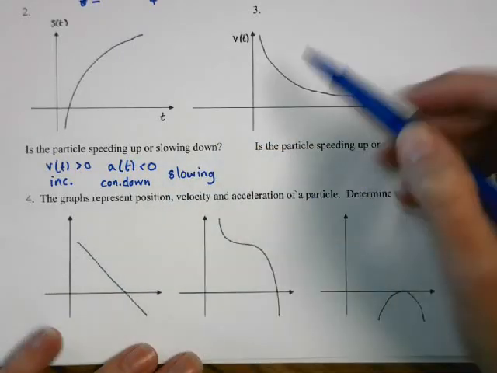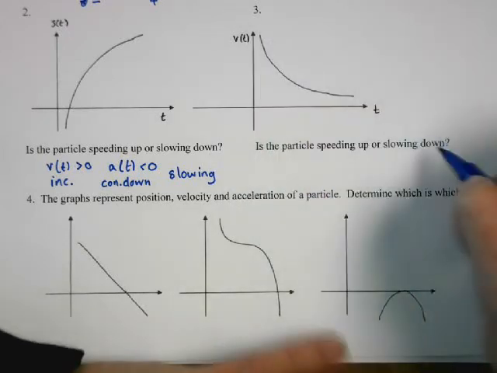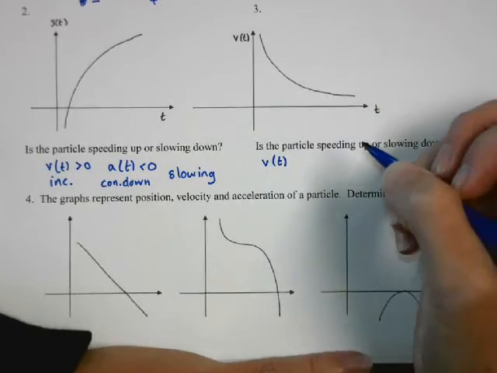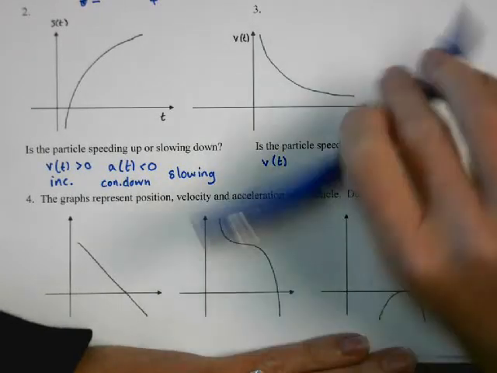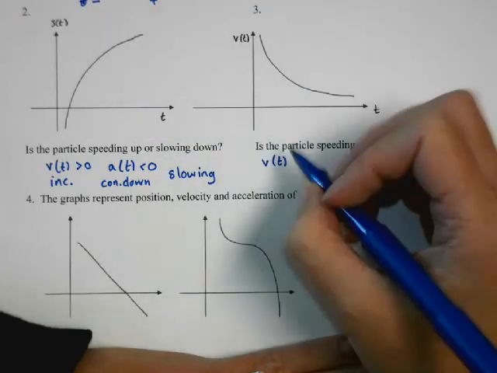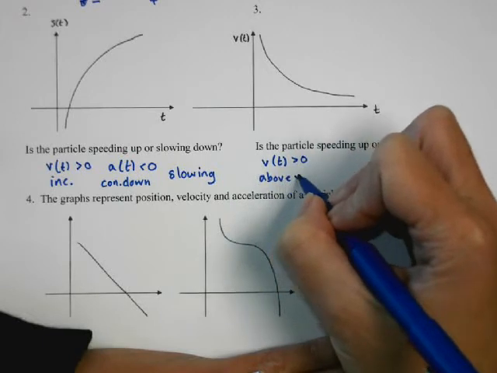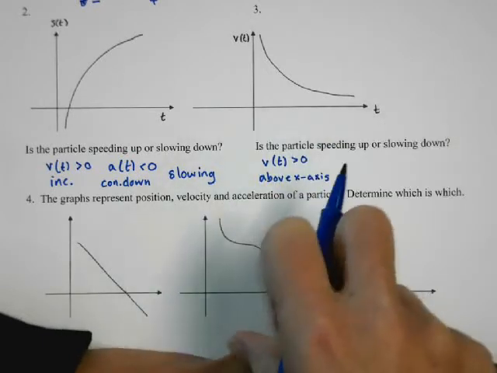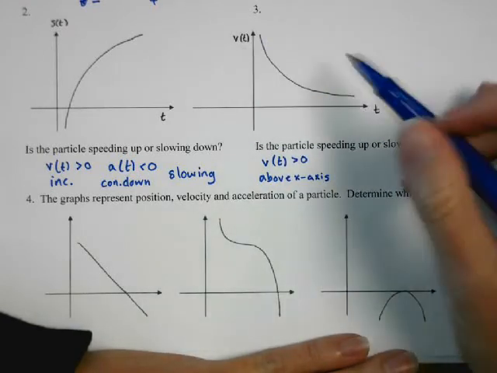For this graph, this is the graph of velocity. So is it speeding up or slowing down? The velocity is positive because this is entirely above the x-axis. Every single velocity value on this graph is a positive number. Even though this is going down, this is the graph of velocity.